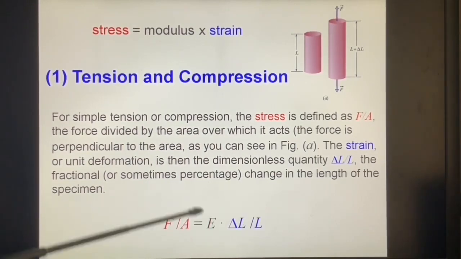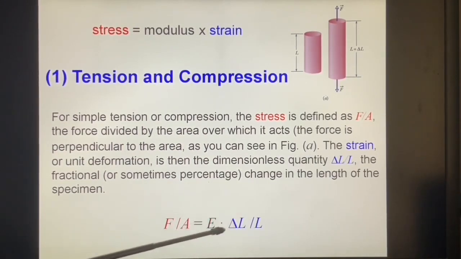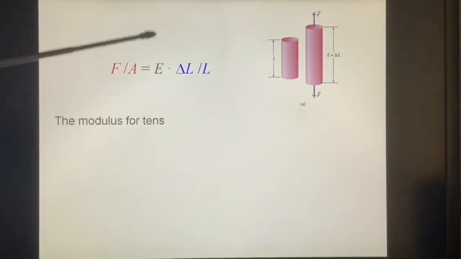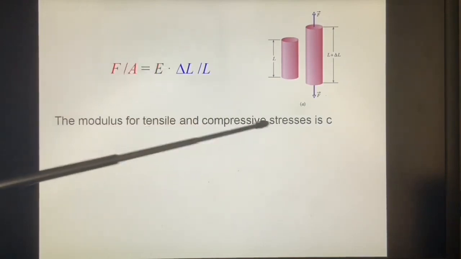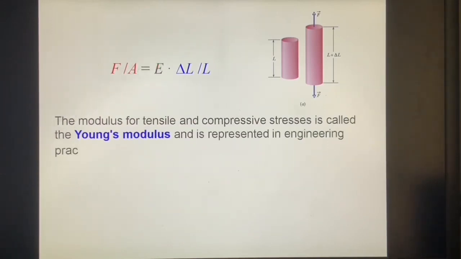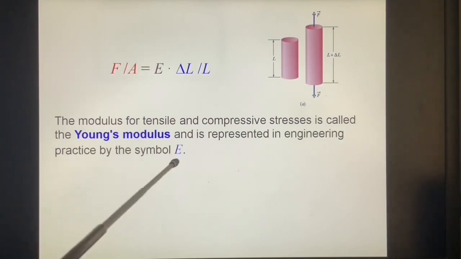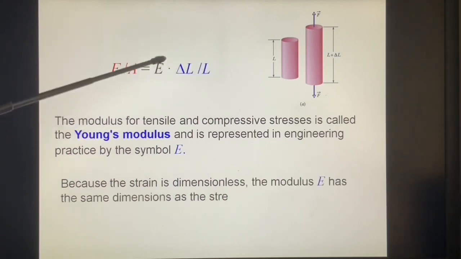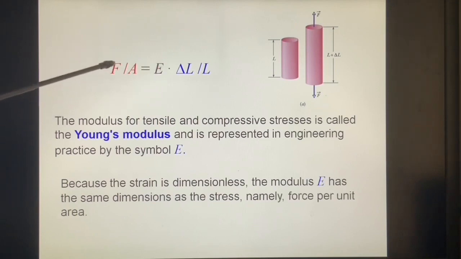F over A is equal to E multiplied by delta L over L. Stress causes strain, and this is the modulus. The modulus for the tensile and compressive stresses is called Young's modulus and is represented in engineering practice by the symbol E. Because the strain is dimensionless, the modulus has the same dimension as the stress, namely force per unit area.